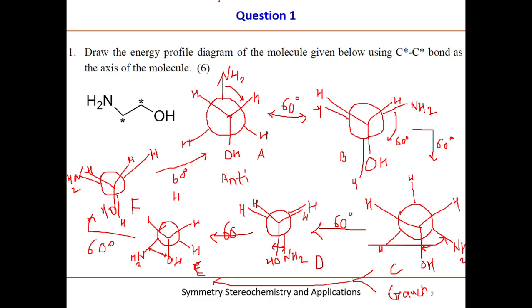Now we will write here the stability-wise order. Which one was the most stable? A, right? A is the anti conformation and is more stable. Then after A, which will be more stable?